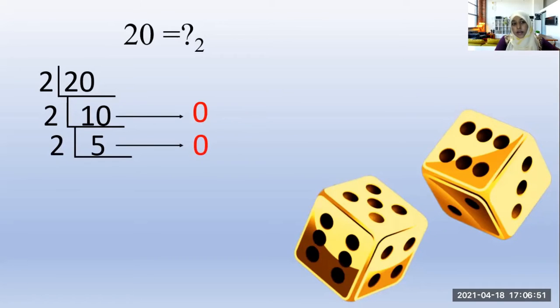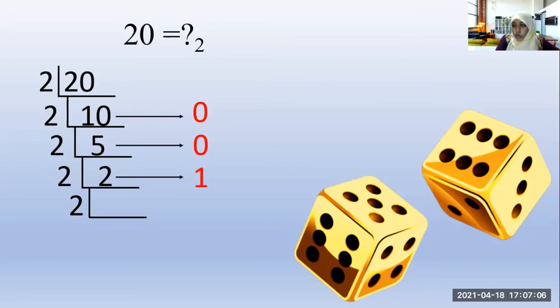No remaining, because 5 into 2, 10. How many twos within 5? 2 times. 2 into 2, 4. To be 5, how many remaining? 1. How many twos within 2? 1 time. No remaining. How many twos within 1? No. 1 remaining.